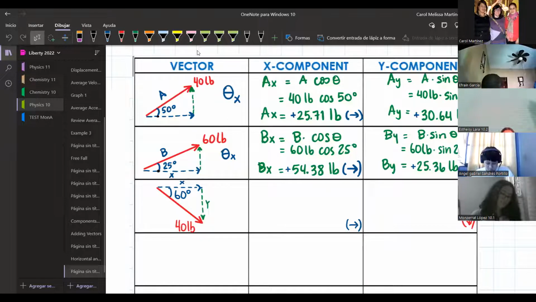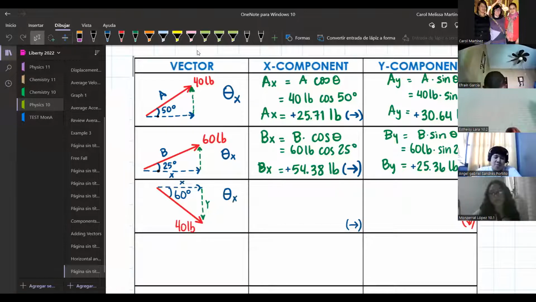So now that I analyze this, what type of angle is this? Is this a horizontal or a vertical angle? Horizontal. It is touching the x axis, it's touching the x component. So we say that this is a horizontal angle.